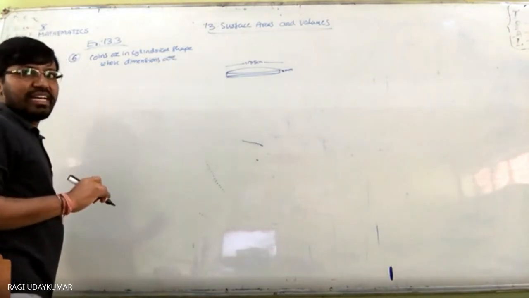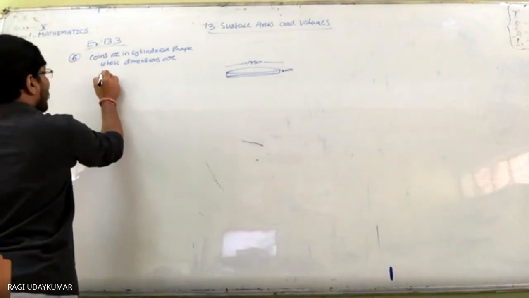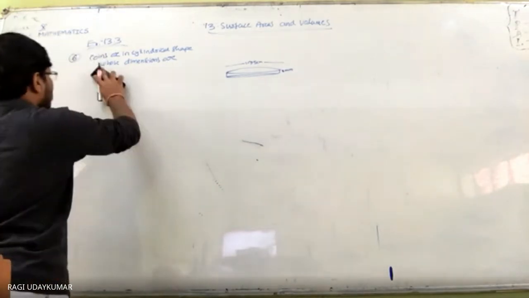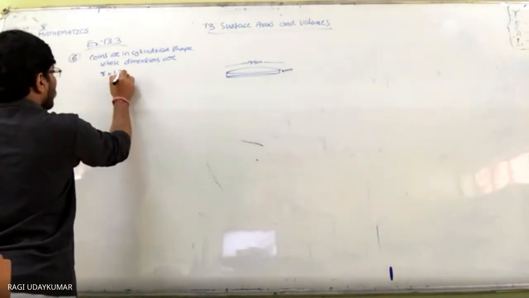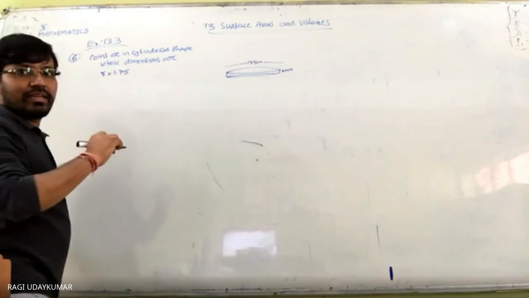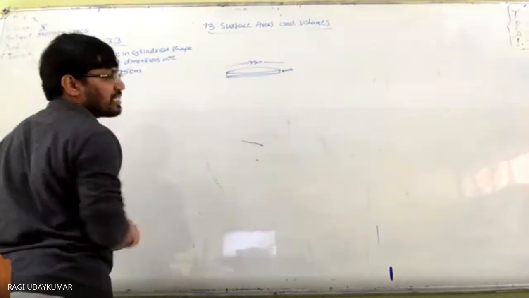What are the dimensions here? Diameter is given to you, so radius is equal to diameter by 2. So directly you write the radius: r is equal to 1.75 by 2 centimeters.